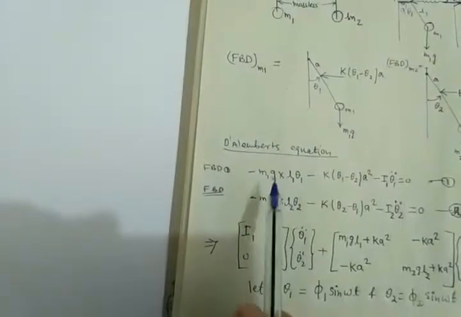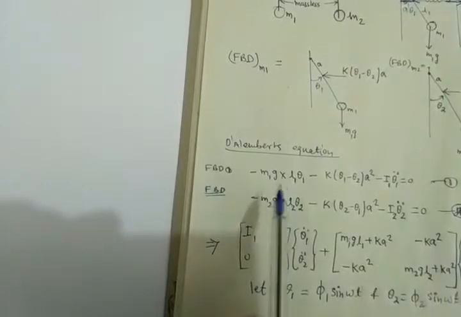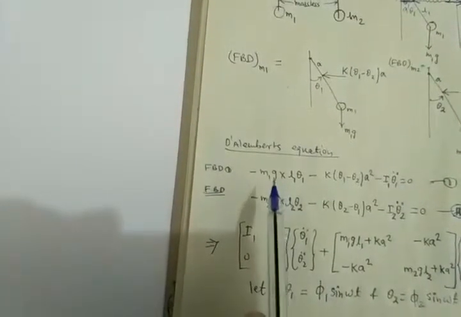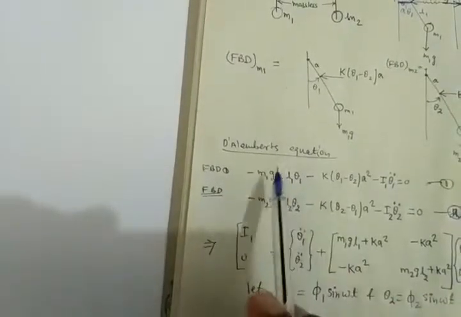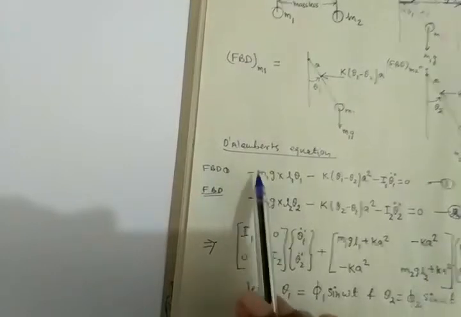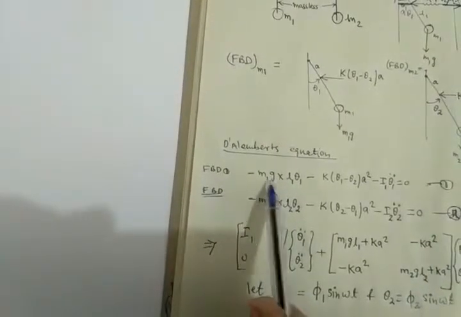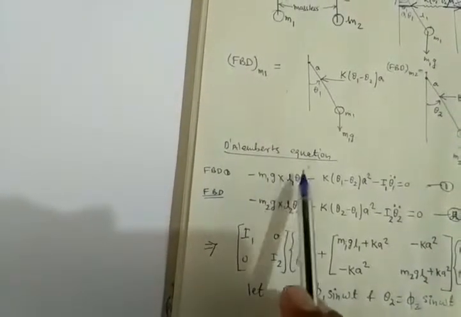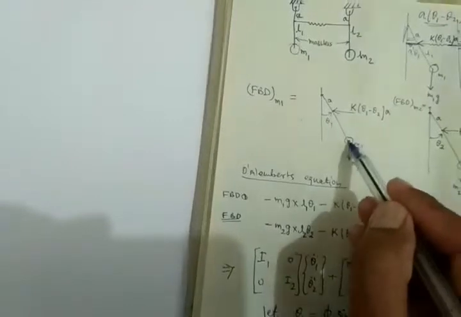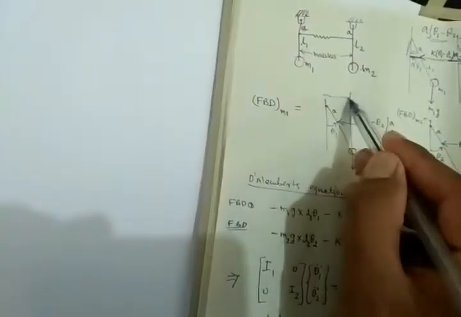So you can see here I have written the torque due to the first force, that is the gravitational force. Once forget about the negative sign, don't see this one. So see here that force, that is m1g, into distance. So which distance we have to take? We have to take this distance, for this force m1g, this one.